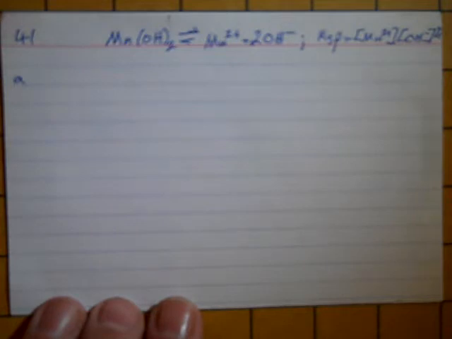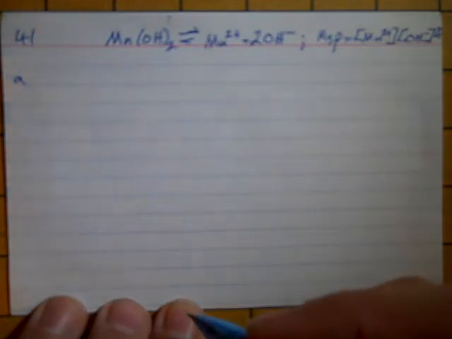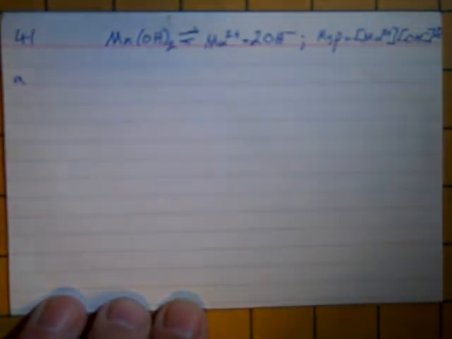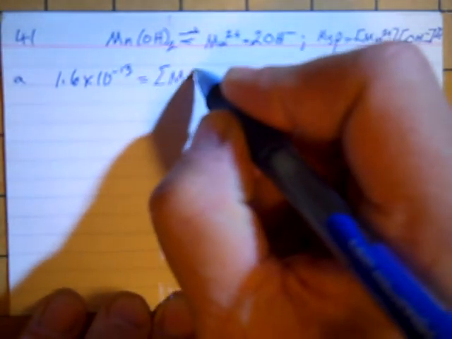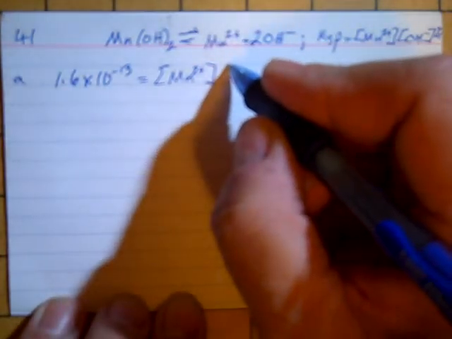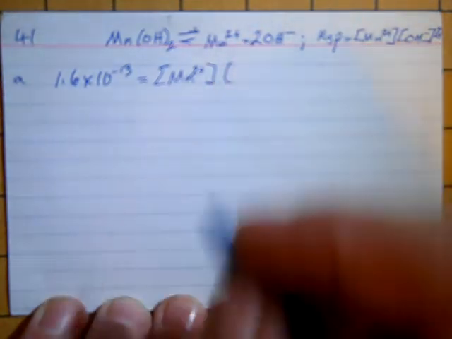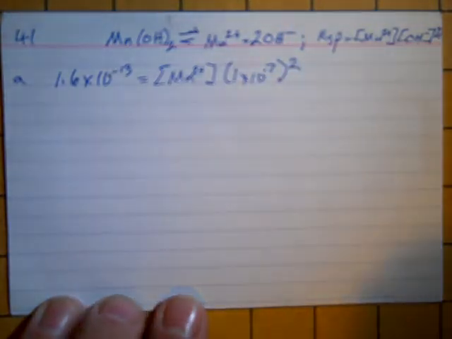So in the first one, in A, the pH is 7, and we already figured out that the concentration of hydroxide is going to be 1 times 10 to the minus 7. So, looking it up, you found that Ksp is 1.6 times 10 to the minus 13. And this has to equal the concentration of the manganese ion times the concentration of the hydroxide ion squared, which is going to be 1 times 10 to the minus 7 squared.